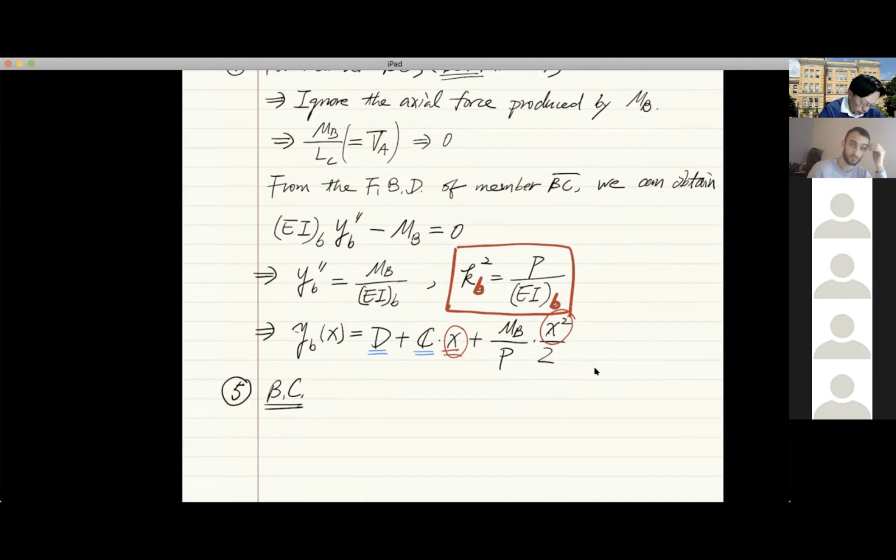And this time, for the beam member, when it's 0, it's still 0. When the beam member is at LB, it will still be 0. Now the first 0 will give you what? The first 0 will give you the D.